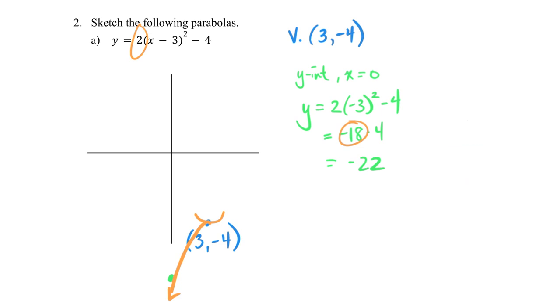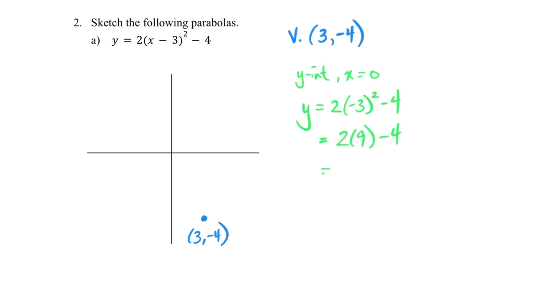Okay, let me get rid of that. And we'll kind of backtrack a little bit. The second part, and I'm going to go and put my vertex back on again. There's my 3, negative 4. When I have my vertex there, and I now make my calculation on my y-intercept, that's a 2 times 9, that's an 18, that's 14.